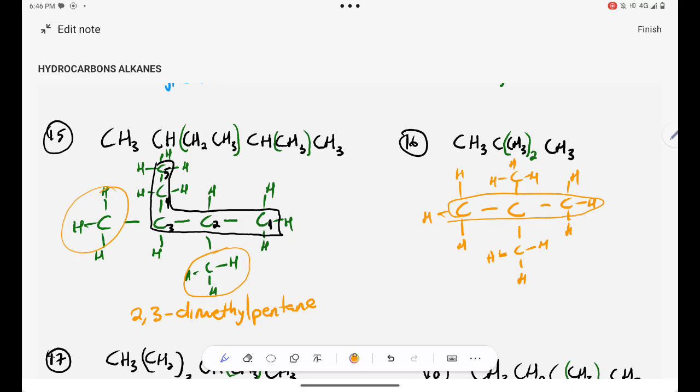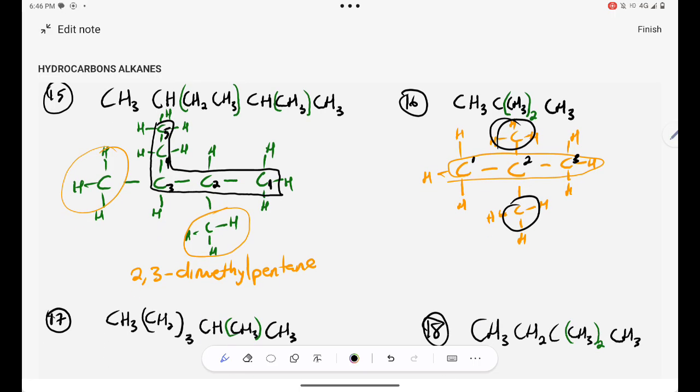My parent chain only has 3 carbons. I can see that I have side chains on carbon number 2, and I have 2 of them. So I'll simply say this is 2,2-dimethylpropane. It's propane because the parent chain has 3 carbons, right?